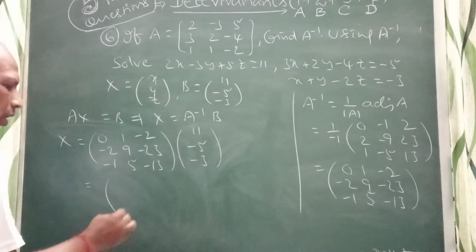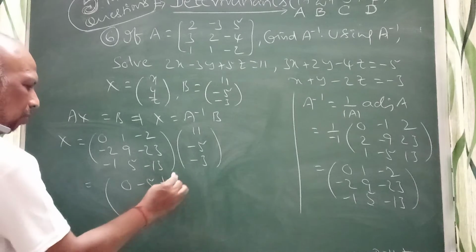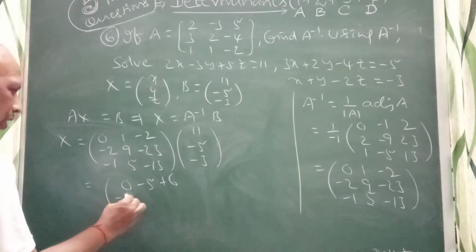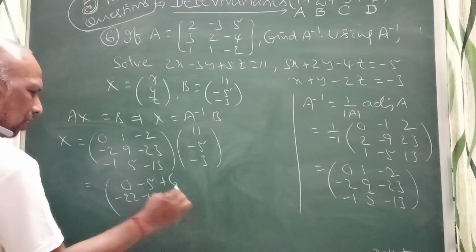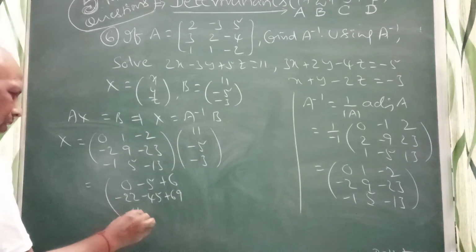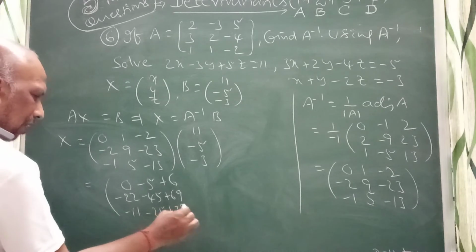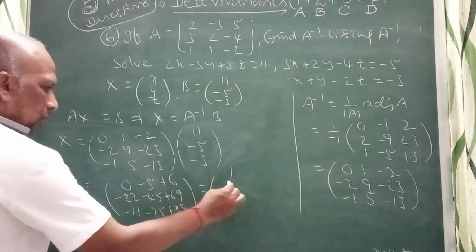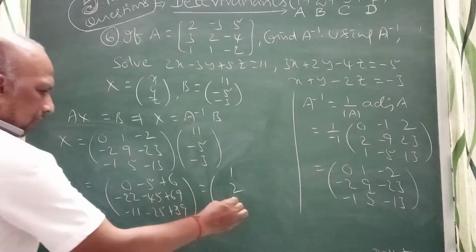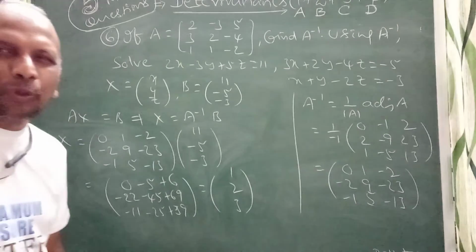First with first column, 0, minus 5, plus 6, minus 22, minus 45 plus 69, this is minus 11, minus 25 plus 39. It comes 1, 2, that is 3. Therefore, I can conclude x is equal to 1, 2, 3.